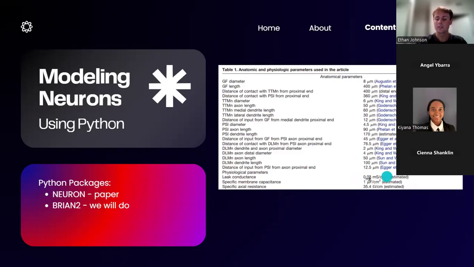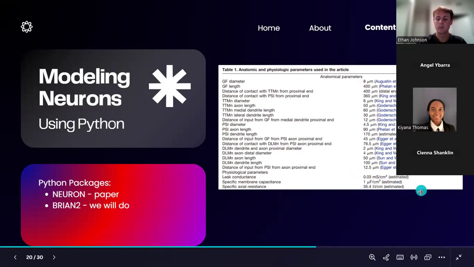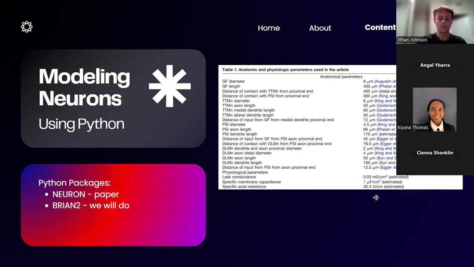So you'll also see that some of them were estimated because at the end of the day, the model they're using is supposed to predict real data. So some of them have to be estimated in a specific manner to make sure that the model is describing accurate features from these fruit flies. And there's a specific way to do that in computational neuroscience as well.